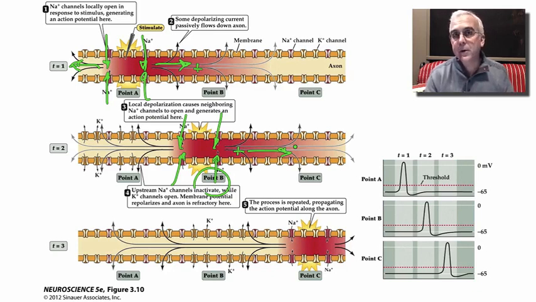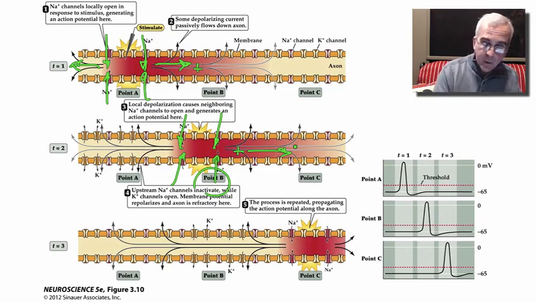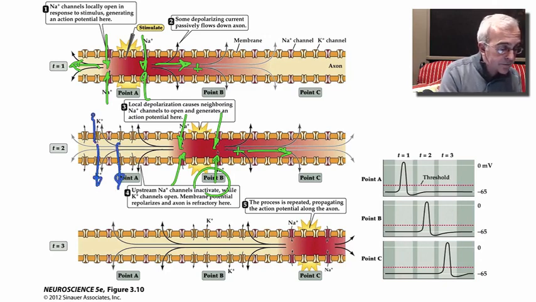But let's return upstream to point A where we initially stimulated to consider what's happening. Recall that the opening of potassium channels lags behind the opening of sodium channels. So this means that while an action potential has been triggered and depolarization has reached point B, at point A now what we have is the opening of potassium channels and the efflux of potassium ions.